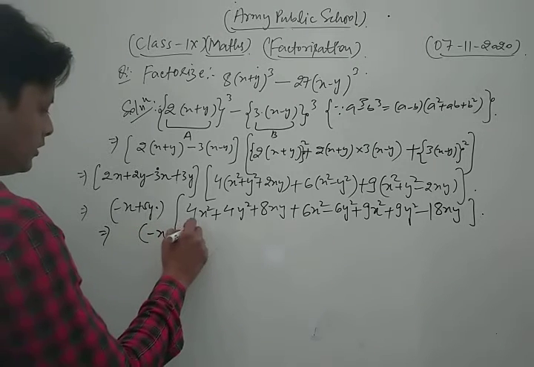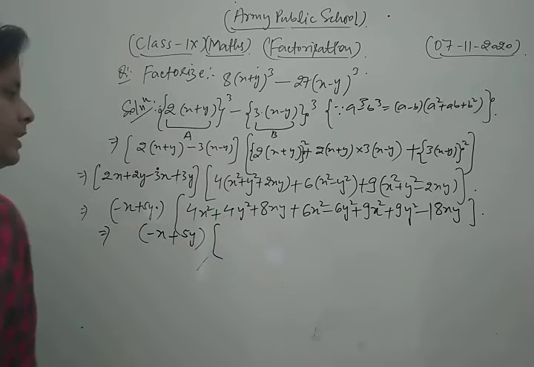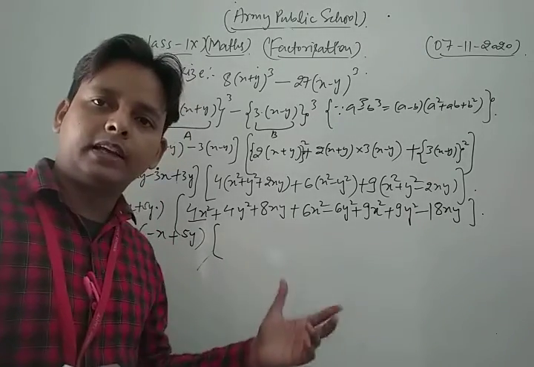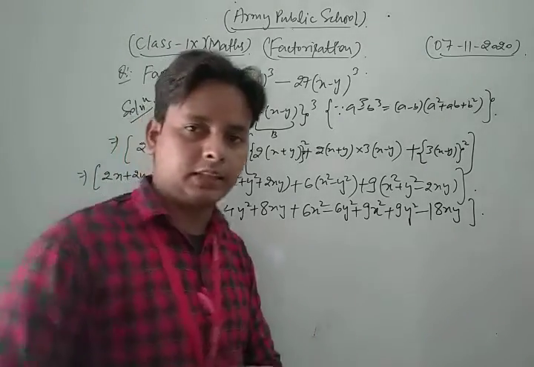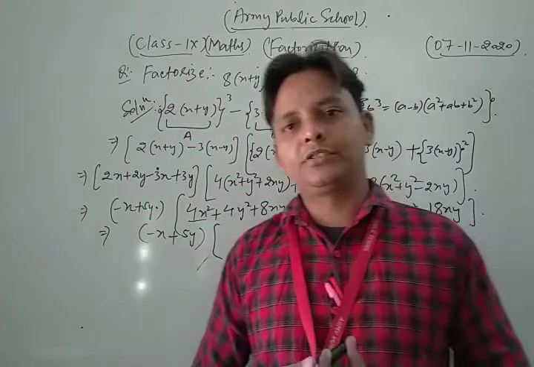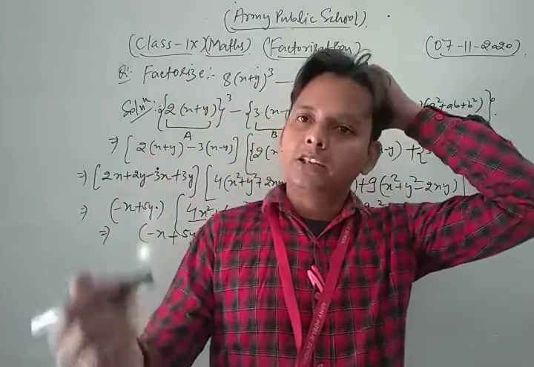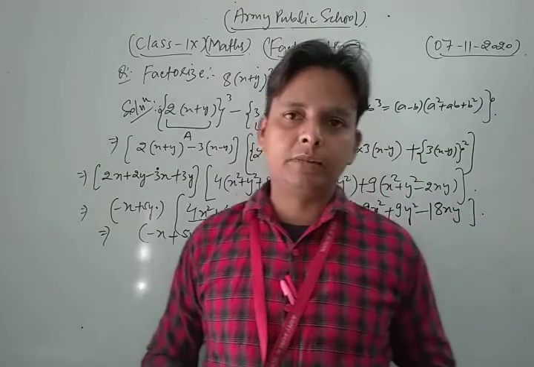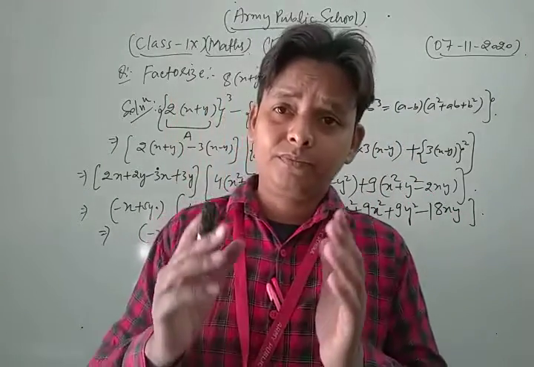Minus x plus 5y in another bracket, and this is x square. First of all we simplify the like terms. What are like terms? In the previous class we discussed that terms which contain the same algebraic factors are known as like terms.